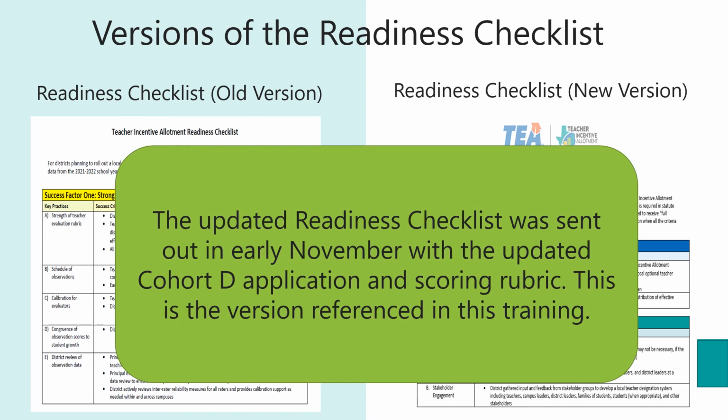As we examine these two versions, I want us to note that on the right, in the new version, there are some changes and some adaptations that we've made to ensure that the process of applying for TIA is a lot smoother.